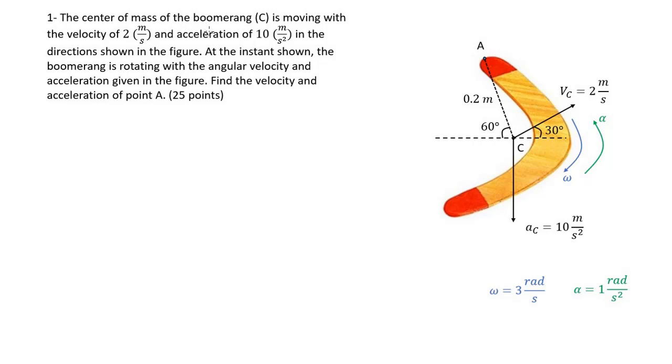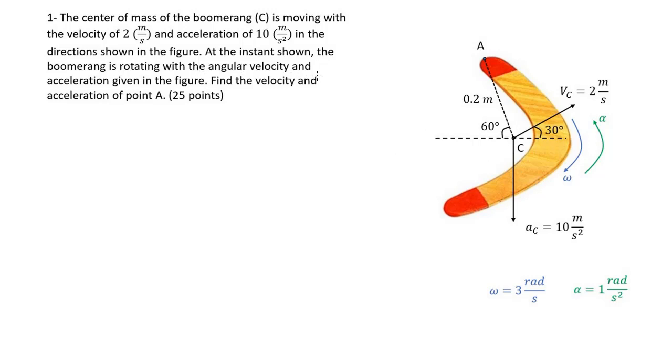The center of mass of the boomerang C is moving with a velocity of 2 meters per second and an acceleration of 10 meters per second squared in the directions shown in the figure. Here is the velocity, 2 meters per second, at an angle with the horizontal direction, and the acceleration is downward.